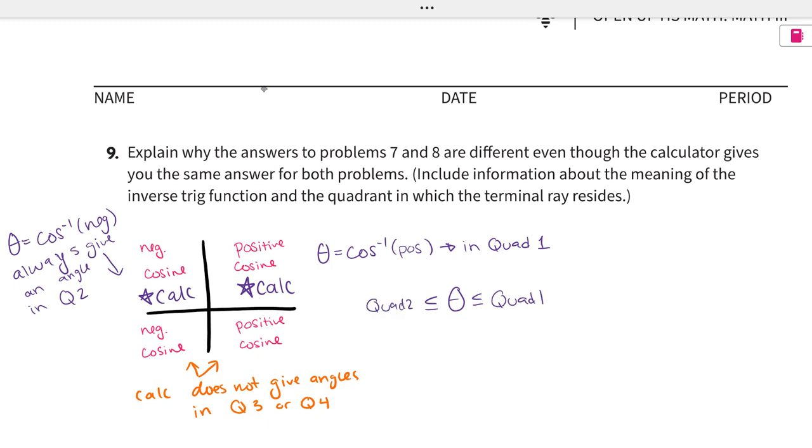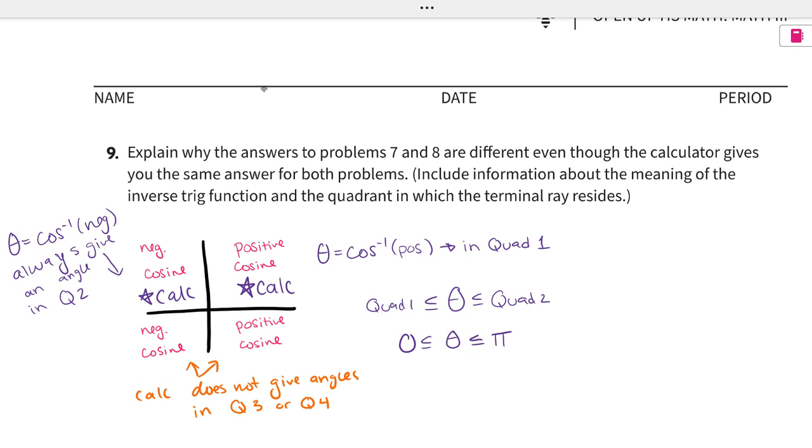Now I'm going to be more specific. The highest angle in quadrant 2 is pi. I'm actually going to flip these, quadrant 1, quadrant 2. So the lowest angle in quadrant 1 is 0, so it's always going to give us something 0 or greater, and then the highest angle is in quadrant 2.